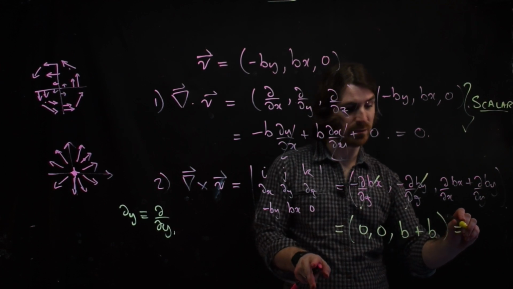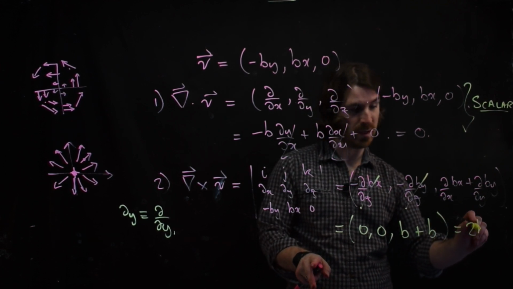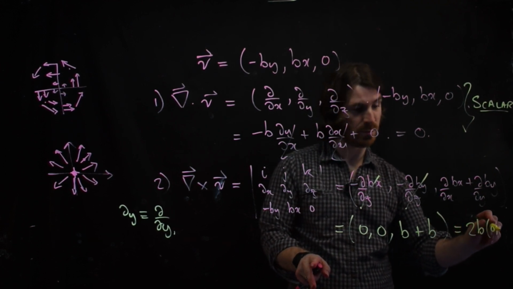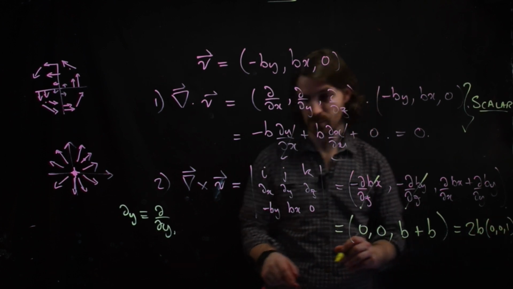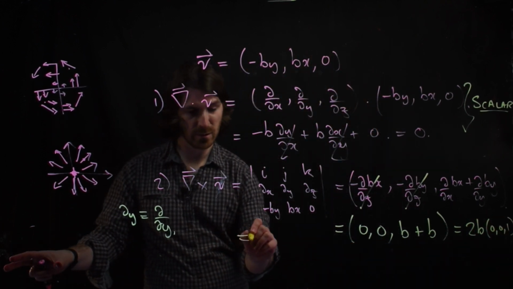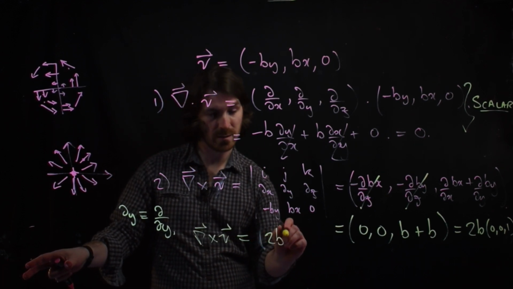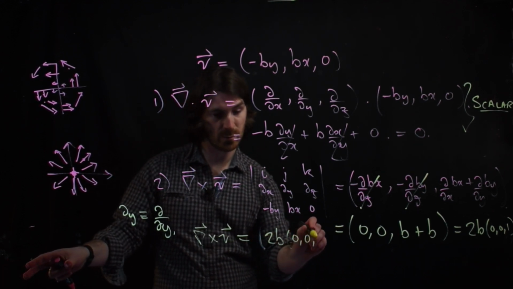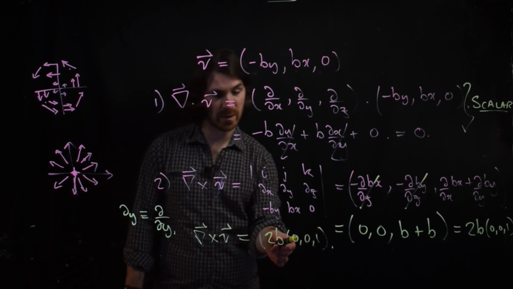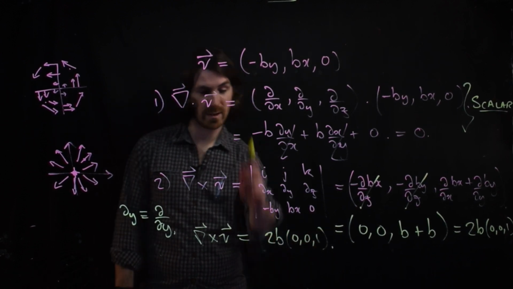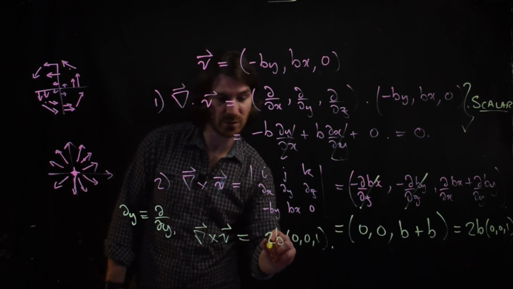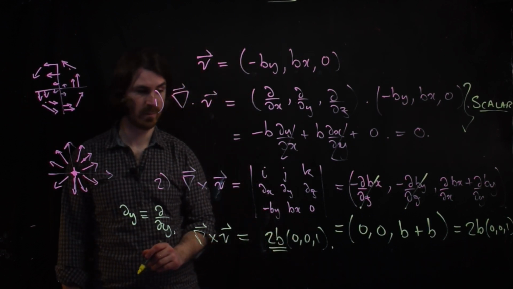So this is equal to 2b. In this case, curl v equals 2b (0, 0, 1). This is a vector that points in the z direction and has magnitude 2 times b.